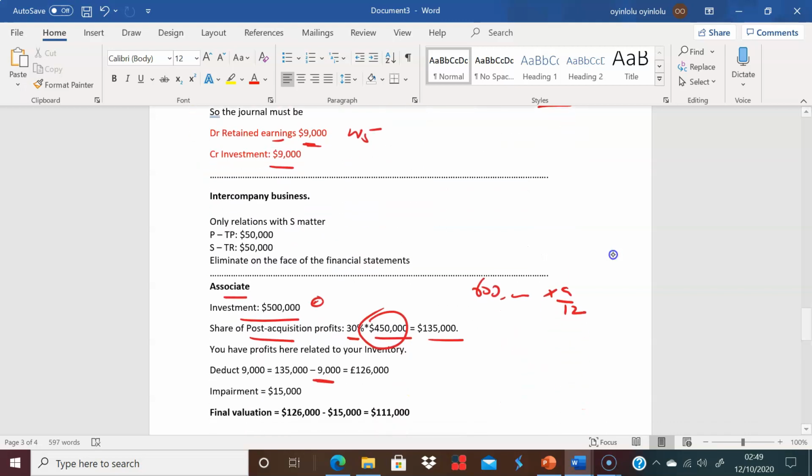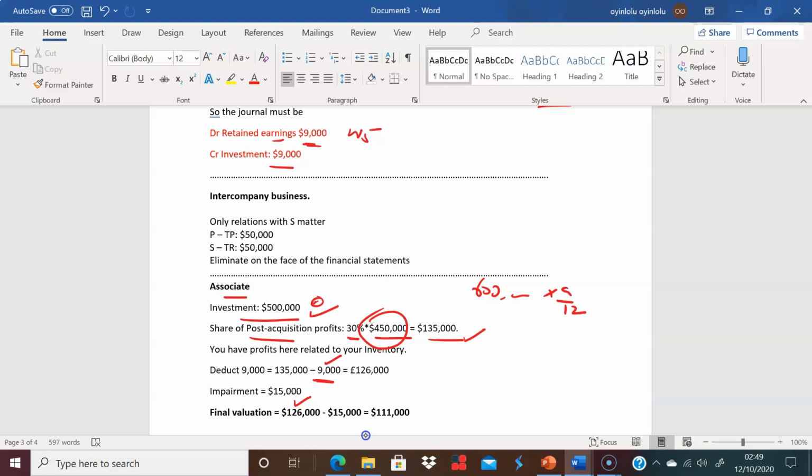Right, and then in terms of working out the value of the investment now, I have the investment plus the share of the post-acquisition profits, less the PUP, and of course they tell us in the question that there's an impairment of 15 grand specific to the investment that we're holding. It's impaired, markets might have reacted, or whatever it is.